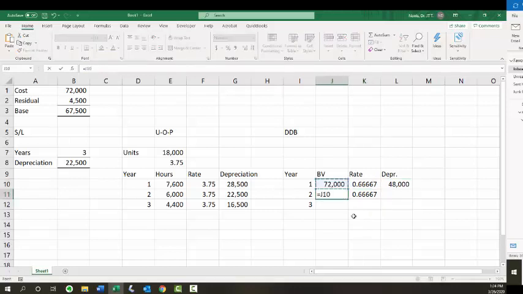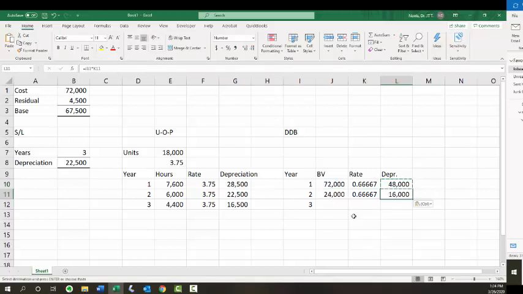Then we take the book value at the beginning of the year, 72,000, subtract the 48,000 depreciation that we took at the end of year 1, and do the same. That gives us 16,000. Subtract that from the 24,000, we get 8,000, and we want to get down to the residual. So what's left?